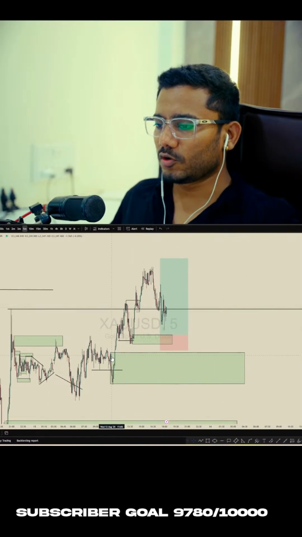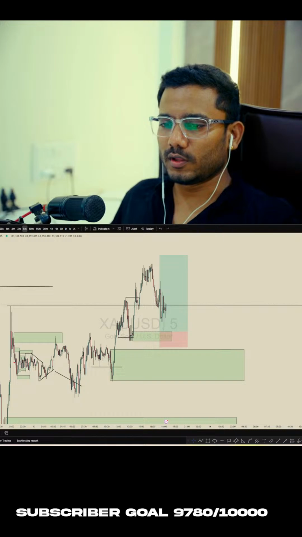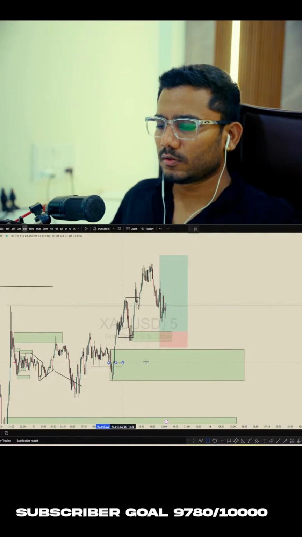Because we have another order block here. So probably price will tap this breaker block.